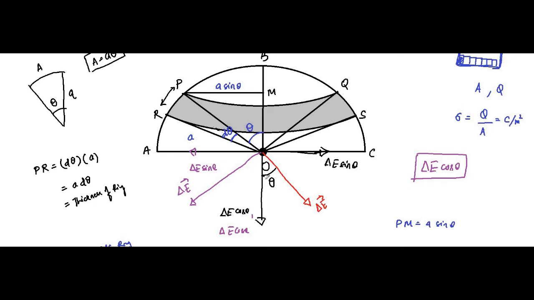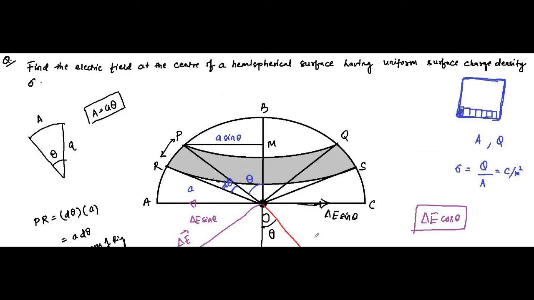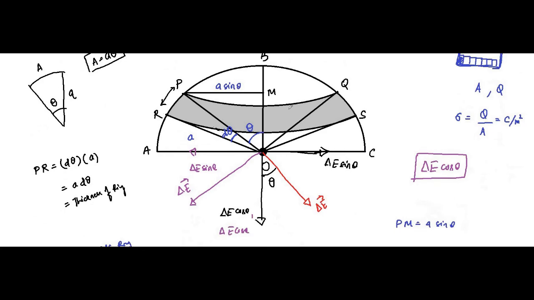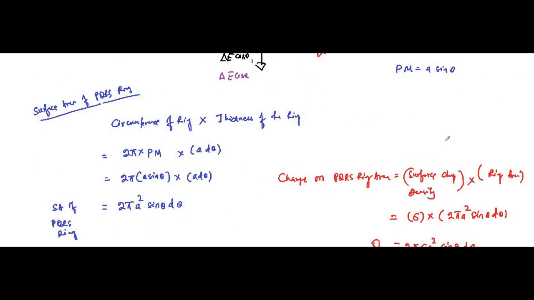Sin theta components get cancelled out and we get the net resultant in the vertically downward direction. So we are picking this ring shape structure. In order to calculate the electric field intensity for this entire surface area, we have to convert this whole semicircular ring. Okay, I'm just demonstrating here what we are doing.